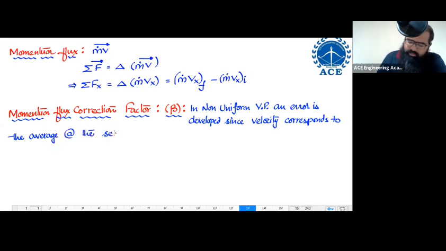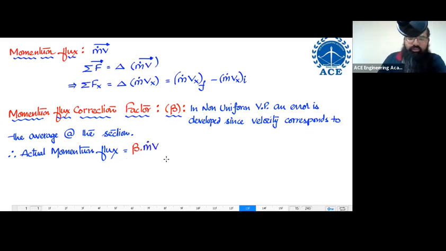Therefore, the actual momentum flux has to be equal to how much? Actual momentum flux has to be beta times m dot into v. This should be the actual value of momentum flux.